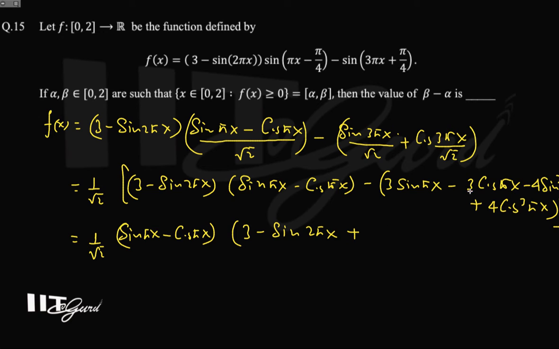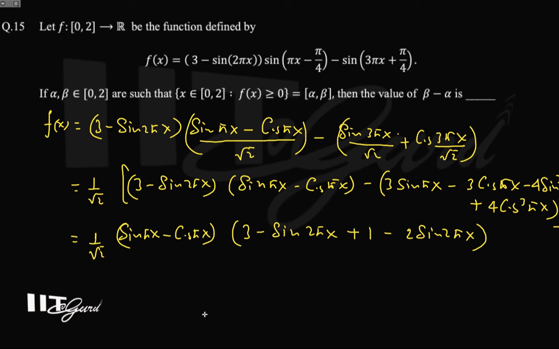When you take it common, you will get plus 1, and then minus, if you check directly, 1 and 1 cancel, and the sine 2 theta by 2, this 2 cancels out, that is 2 sine 2 pi x. So that is 1 minus 2 sine 2 pi x, right? So this is the final result.